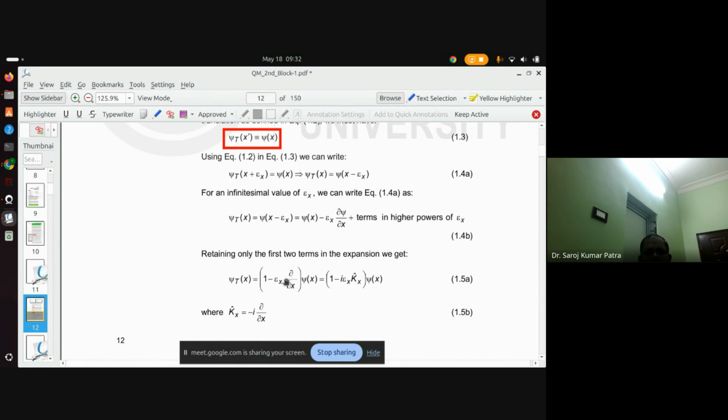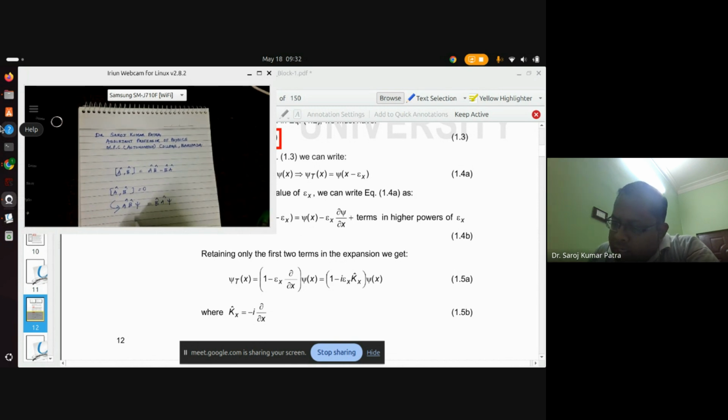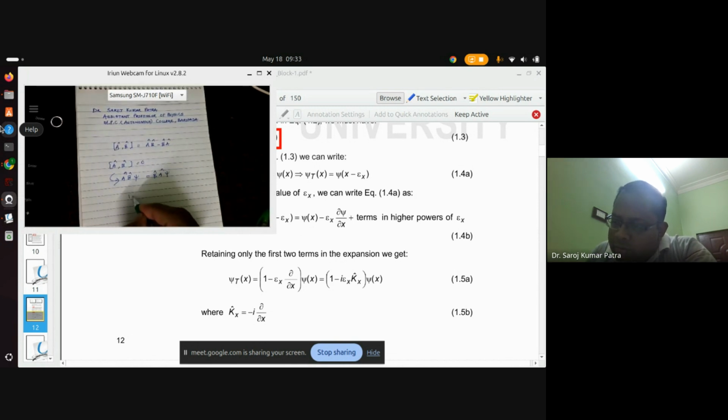Now this part here can be written like this. So how exactly? 1 minus epsilon x del psi by del x.